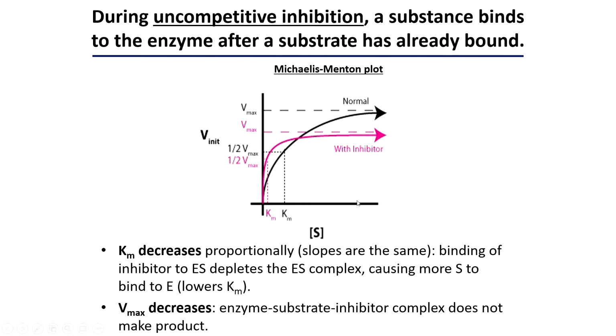And so it looks as though we decrease enzyme concentration, because some of those enzymes are now broken and we can't get them back. They're not able to make product. And so it looks as though Vmax will decrease. Just like how when you decrease enzyme concentration, Vmax comes down, in the presence of an uncompetitive inhibitor that prevents ES from making product, it makes it look as though enzyme concentration has decreased.